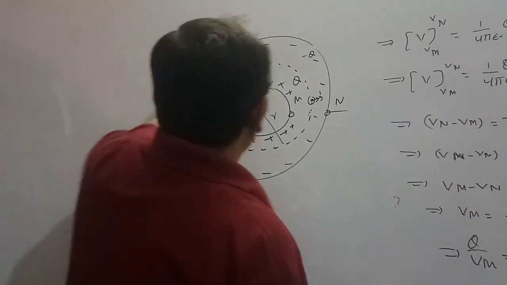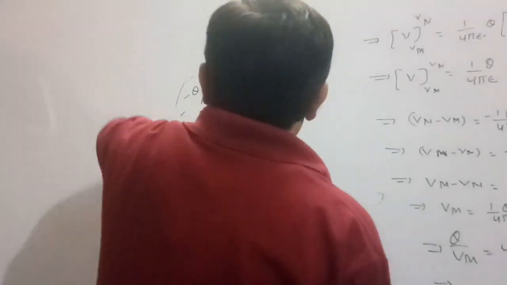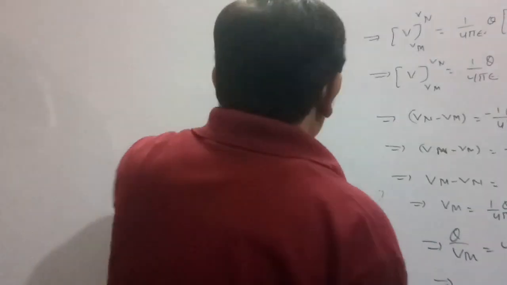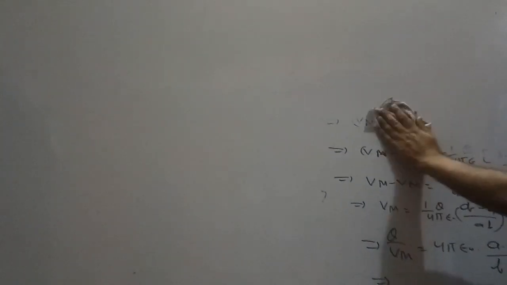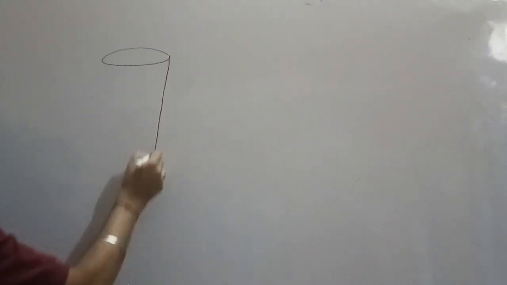Now third is the cylindrical capacitor. In a parallel plate capacitor, two plates of any shape were parallel to each other. In a spherical capacitor, two hollow spherical plates were present concentric to each other. Similarly, in a cylindrical capacitor, we take two hollow cylindrical plates coaxial to each other.